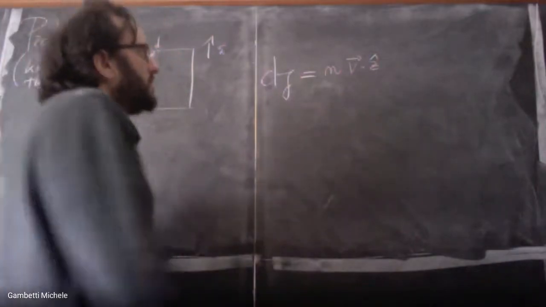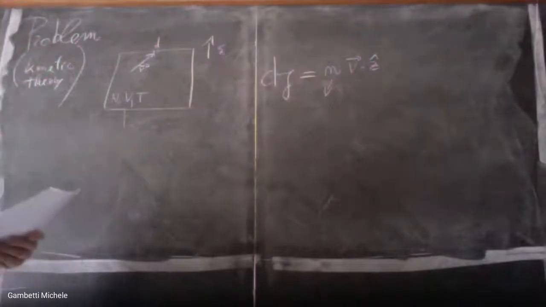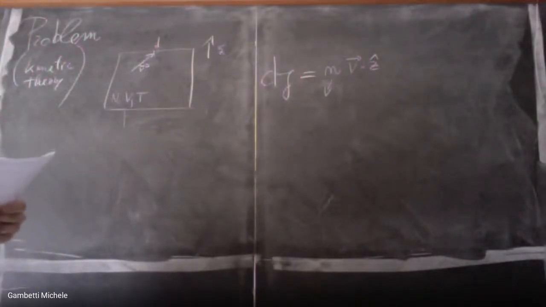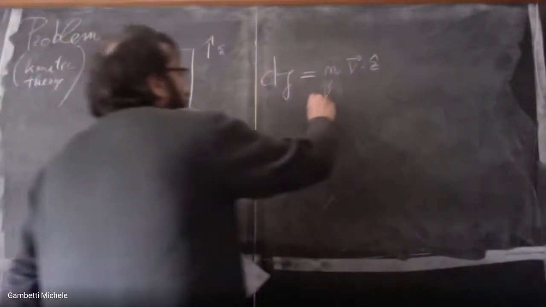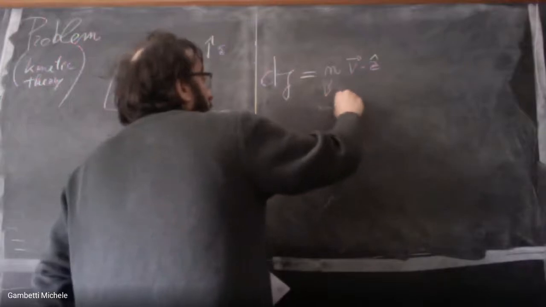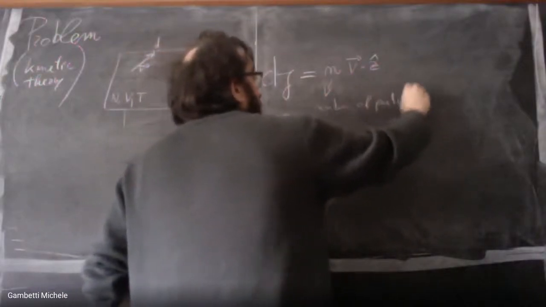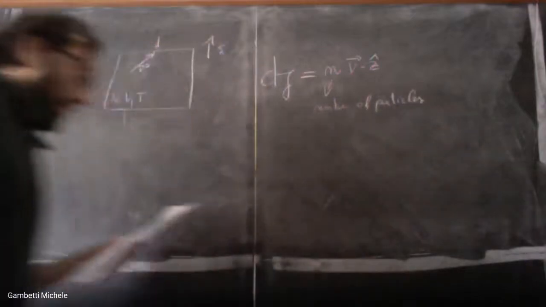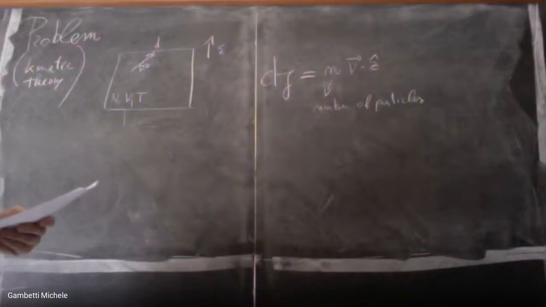And so dimensionally this is a flux, where n, in this respect, is not the same n as before. It must be the number of particles, maybe this is a probability.